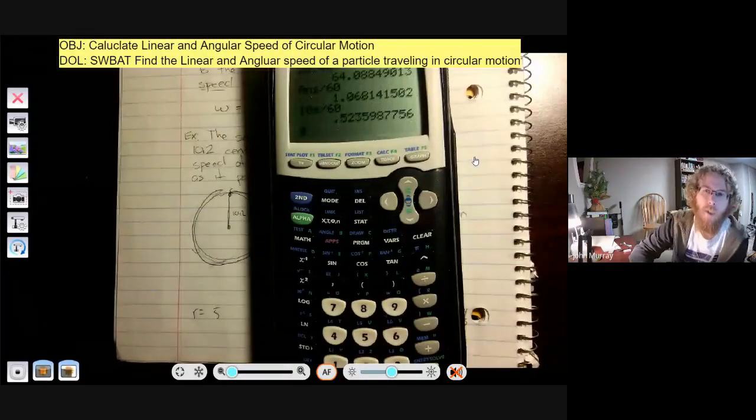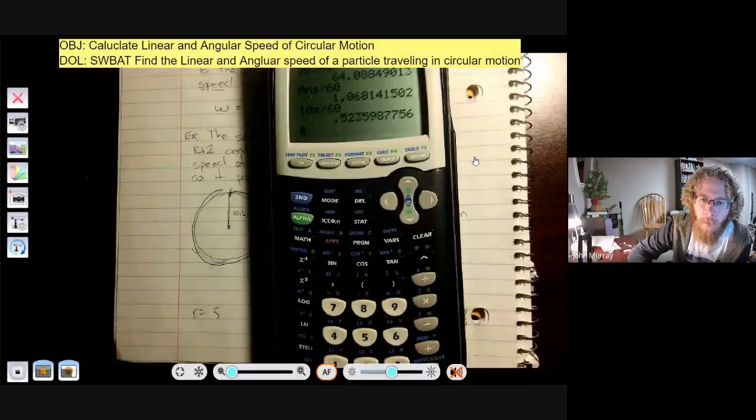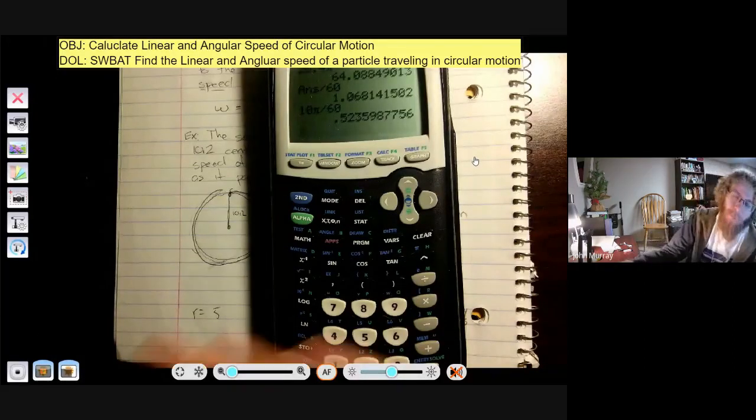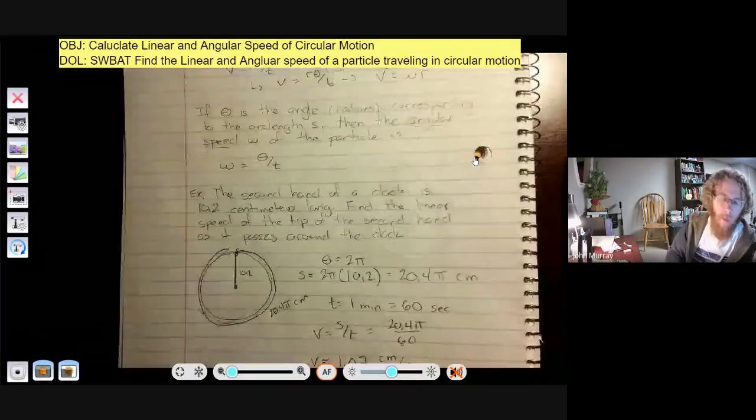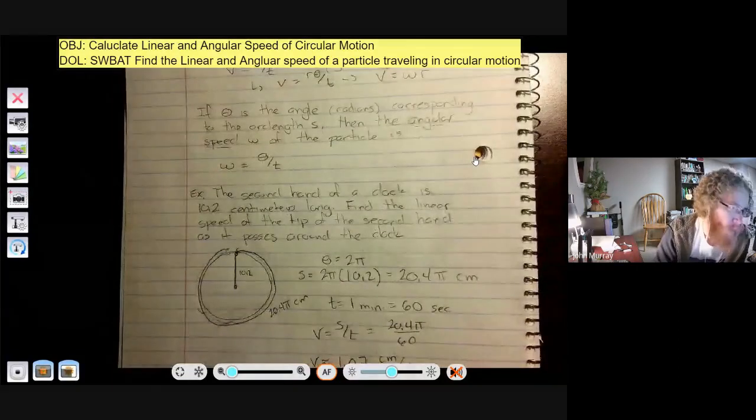So there, mathematically, we can see the longer the radius, the faster the linear speed is. All right, any questions there? We kind of covered a lot.